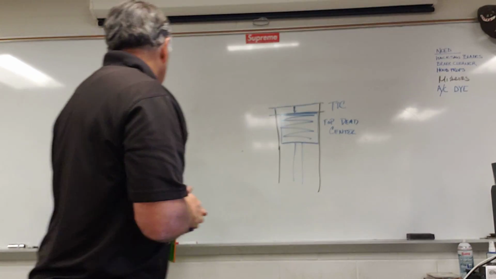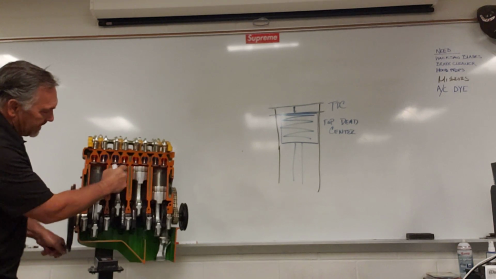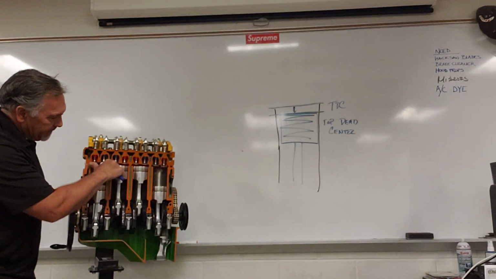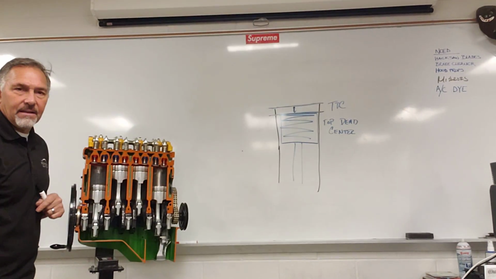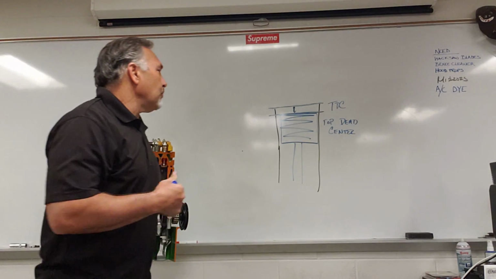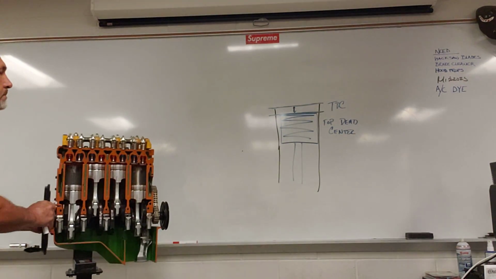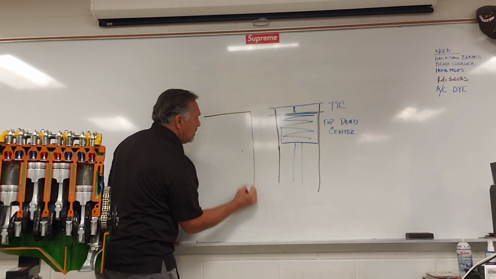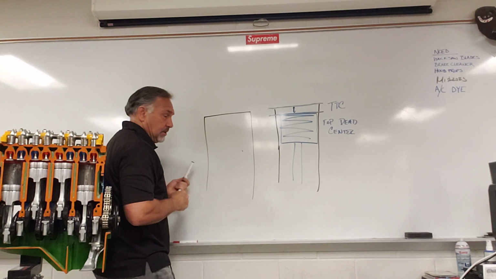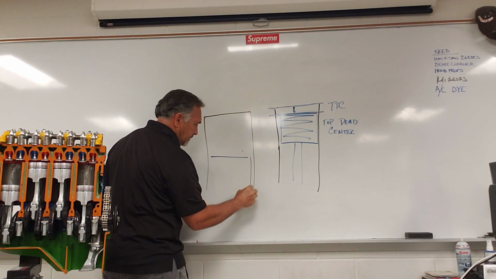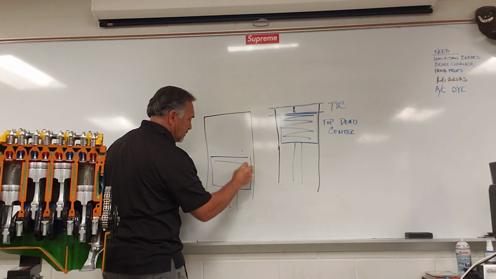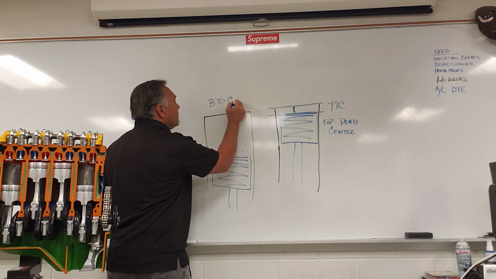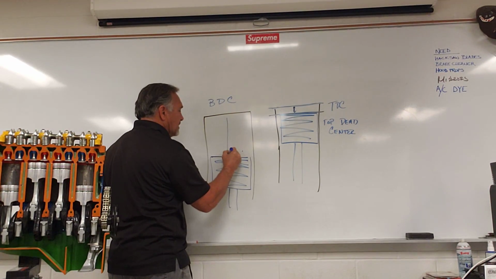Okay, so we take our piston, run it up to top dead center, and we measure this space right in here from the top of the piston, right there, that area inside the top dead center. Then we will take our piston and move it all the way down to bottom dead center in the cylinder. So here we go, BDC, bottom dead center, and we're going to measure this space.